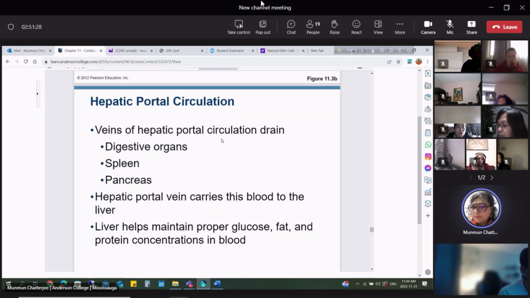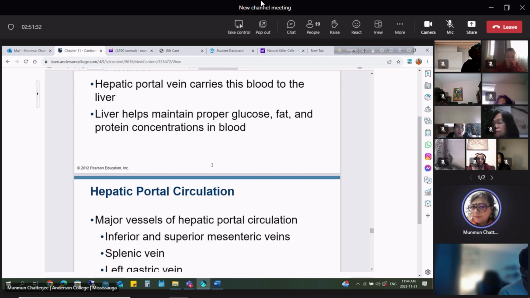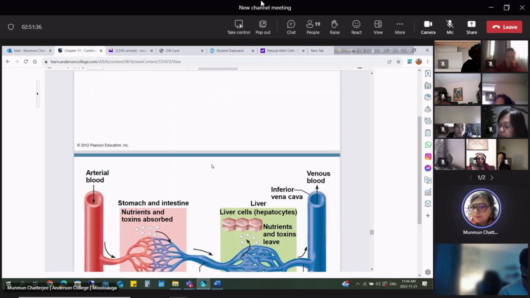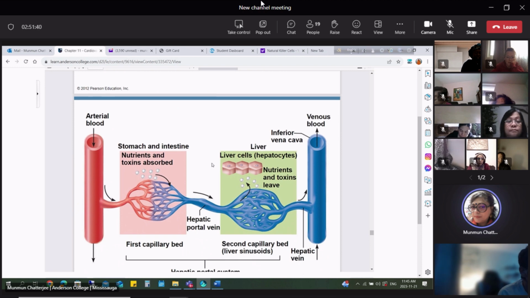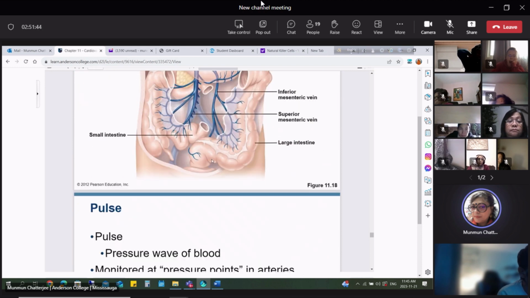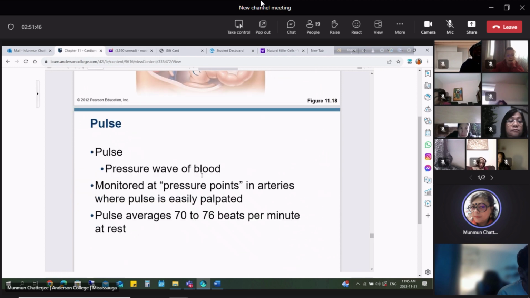The hepatic portal circulation, digestive system, spleen, pancreas, these are not going to come. What is pulse? Pulse is the wave of blood, how the blood is passing.